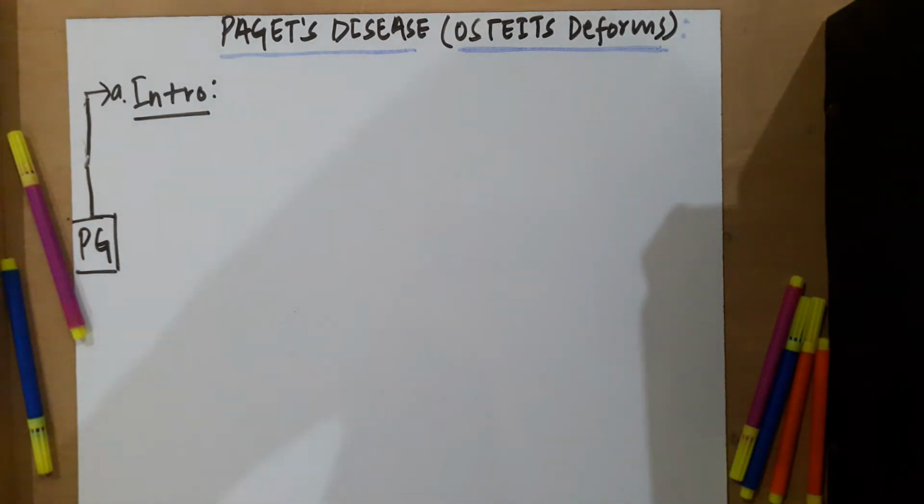When it involves only one bone, it is known as monostotic, and if it involves two or many bones, it is known as polyostotic.